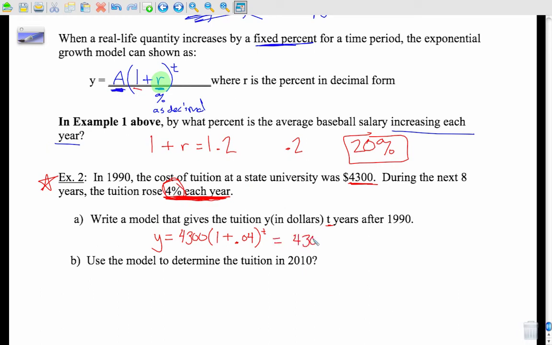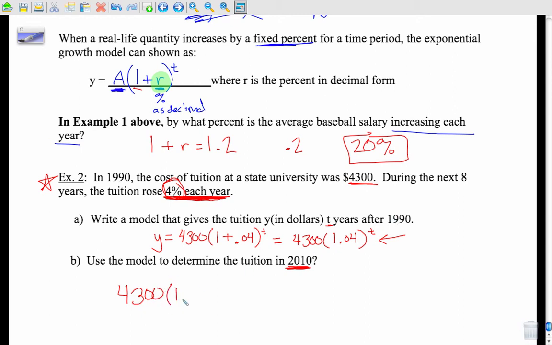This would be the model, and I'm going to simplify just a little bit. Going to combine those things in the parentheses, so I get 1.04 to the T. This would be the model that would tell you, based on the school's current rate of increase, how much you can expect to pay in 2010.